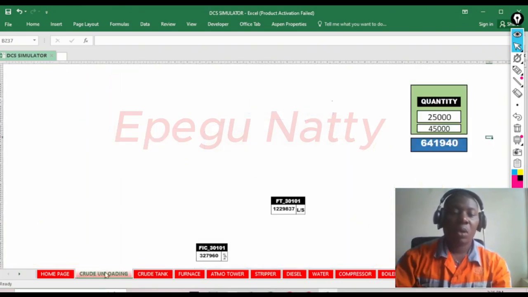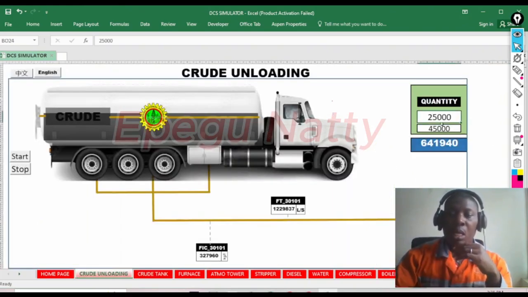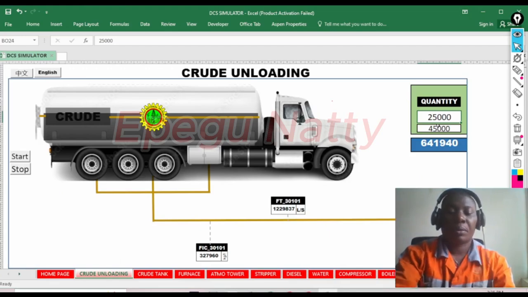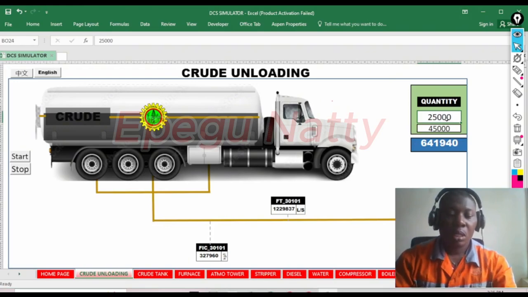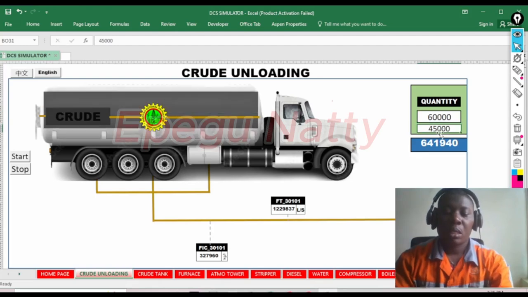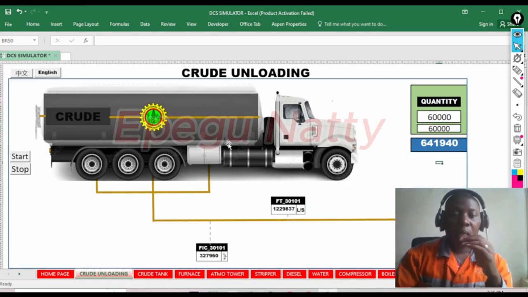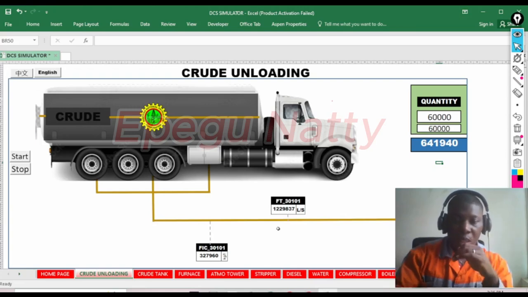So let's go to our crude loading and let's load, okay, this time around let's load 60,000 liters. So 60,000 liters is like 4 compartments, right?